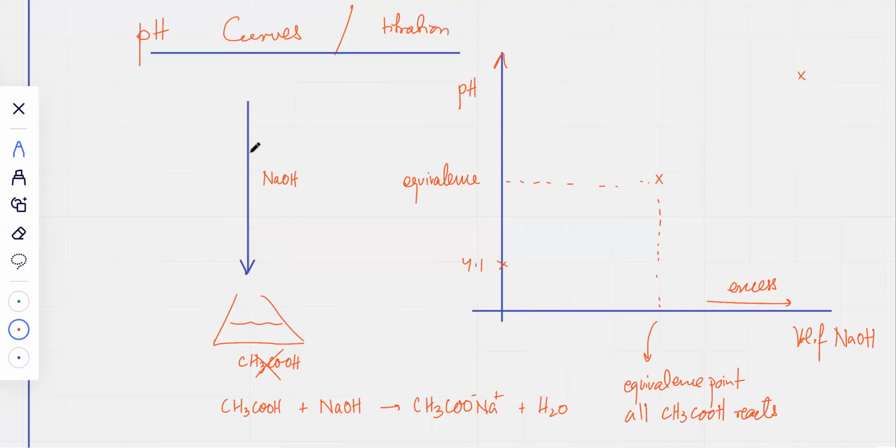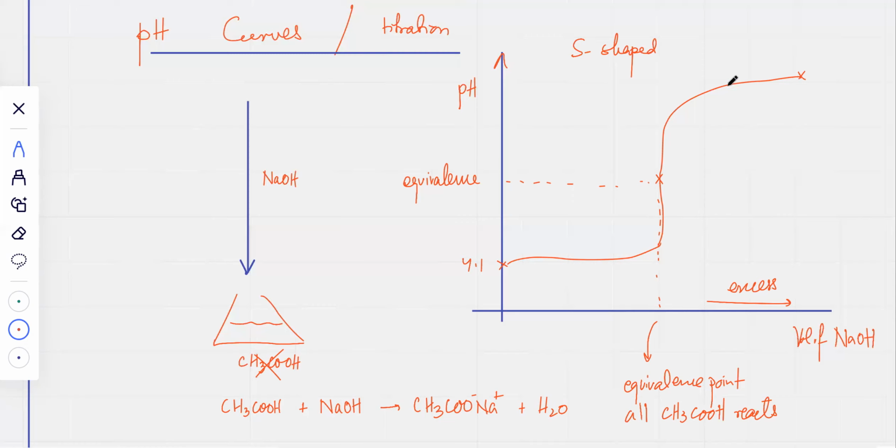So there are going to be 3 points that you're going to plot. And most of the time, when you sketch the curve, it looks something like this. It's an S-shaped curve. And in the next class, I'm going to explain why it's an S-shaped curve.